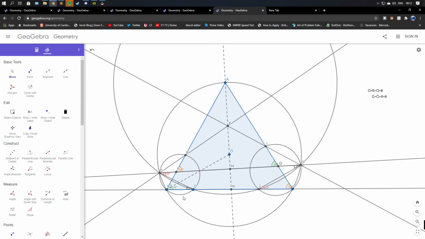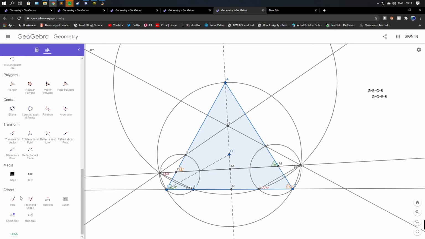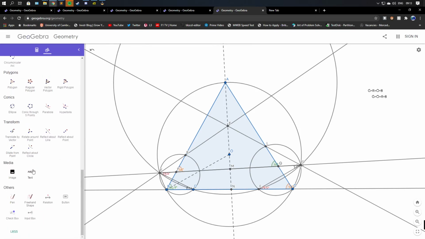Which means that this angle here, essentially, is going to be precisely the same if we look at the triangles. Or if you want to see that from a slightly different point of view, we have that in, not cyclic quadrilateral, just the quadrilateral MFDN, let us put in some text.